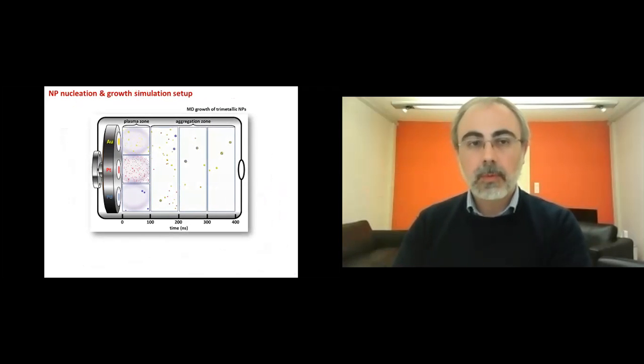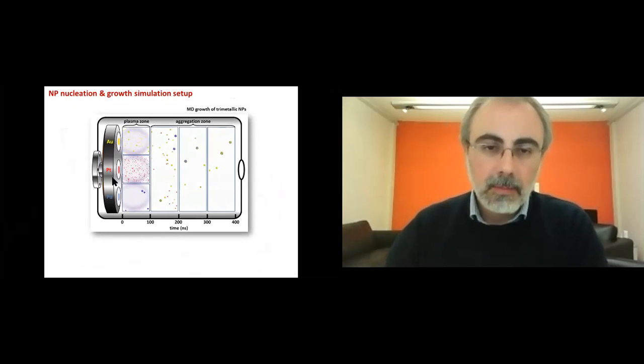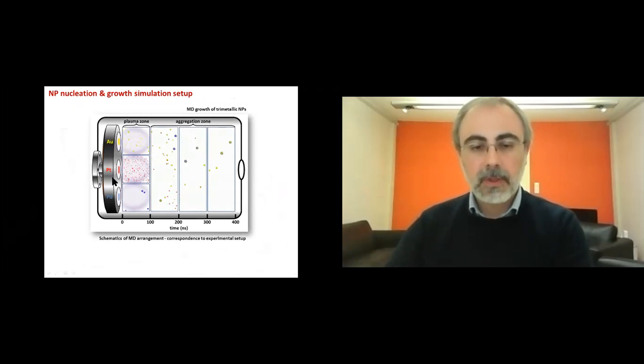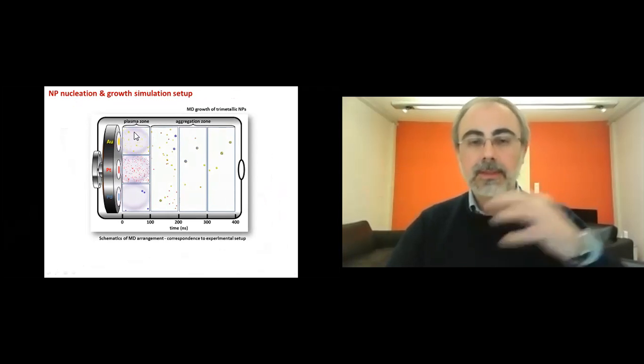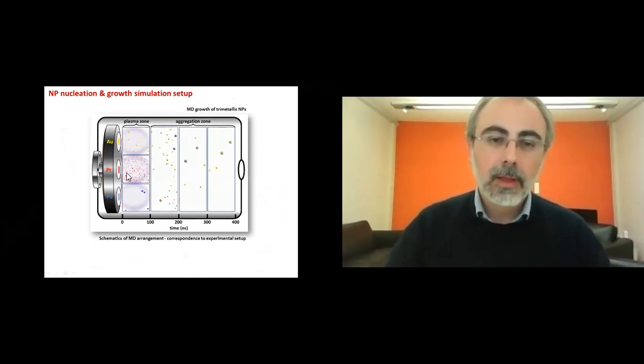So this is our simulation setup. It's more or less the same as the one I showed you before, but the difference here is that each simulation box for single element nucleation growth is separated from each other to start with.